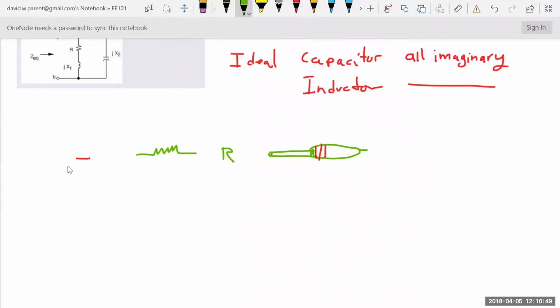This is really physical. And so a real resistor will have non-ideal components attached to it.